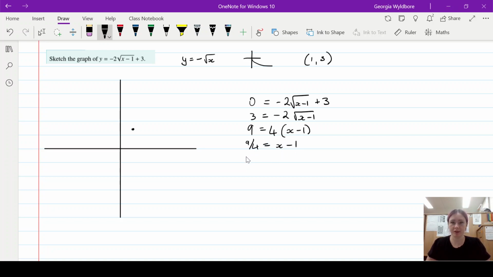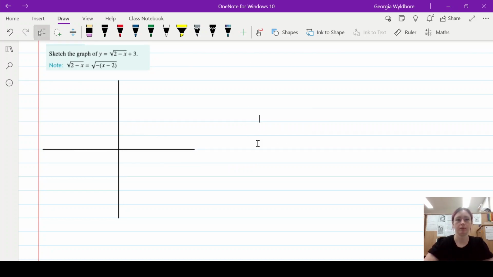Add 1 to both sides, we get 13 on 4 equals x. So it's going to be down here somewhere. We just make a little note that that's 13 on 4. This is the point (1, 3). And then we just sketch our nice parabolic curve. It can be hard to do, but as long as you've labeled your features and you sort of know what you're going for, I'm happy with that.